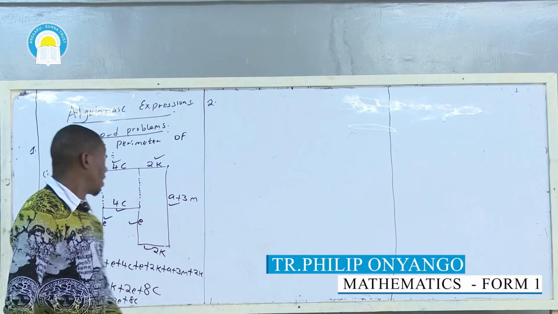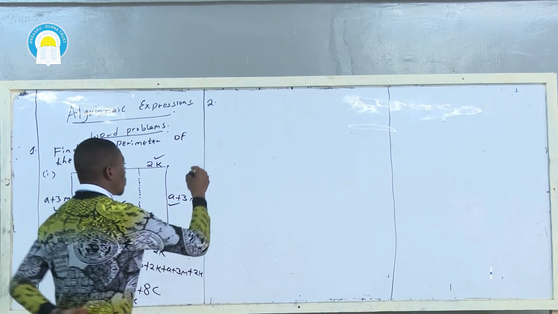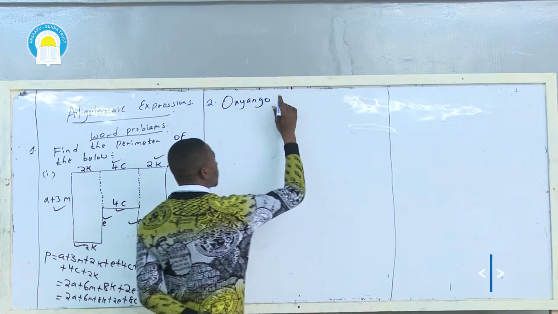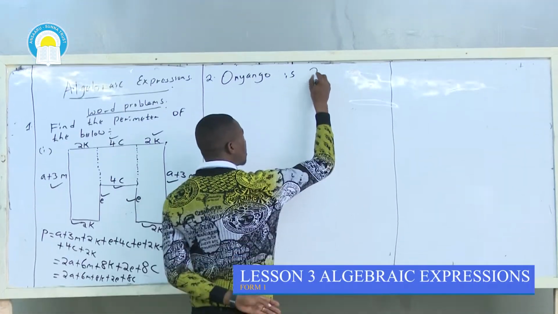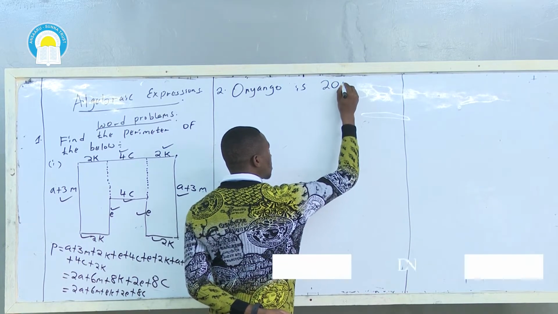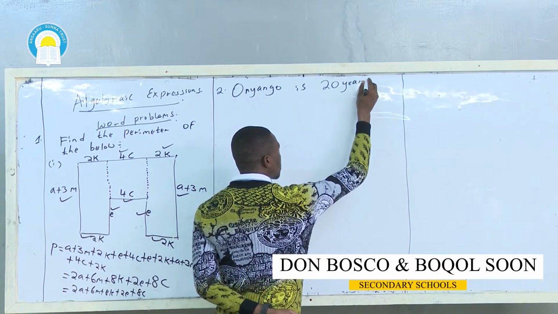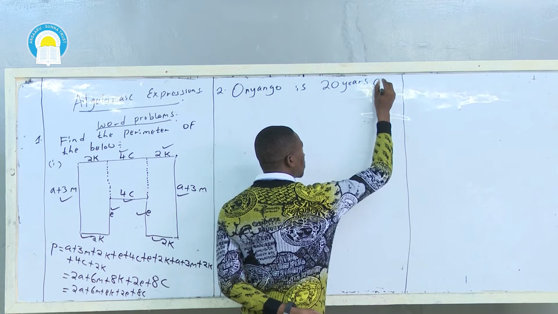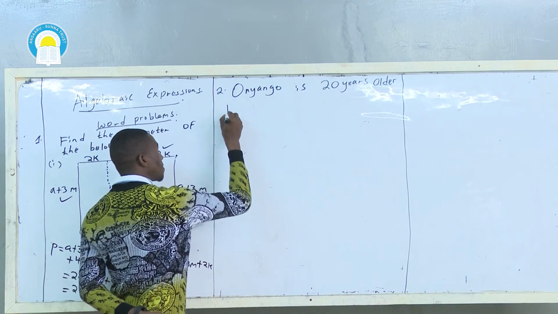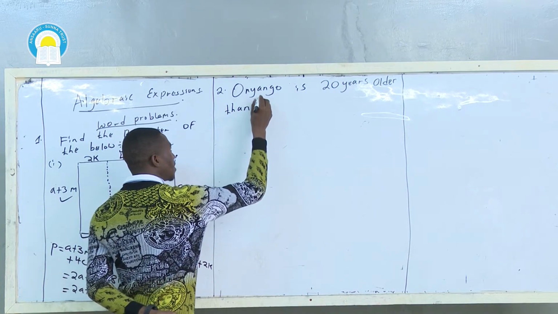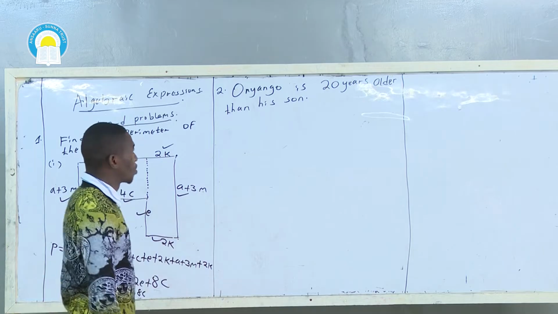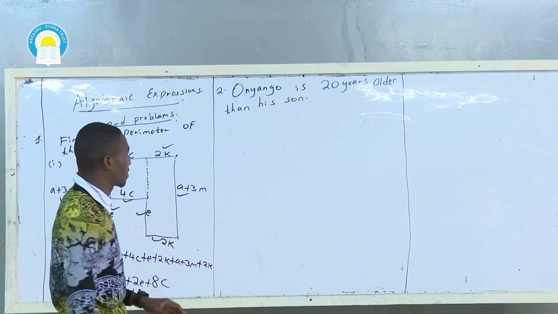Number 2 says that Onyango is 20 years older than his son. Question is, Onyango is 20 years older than his son.